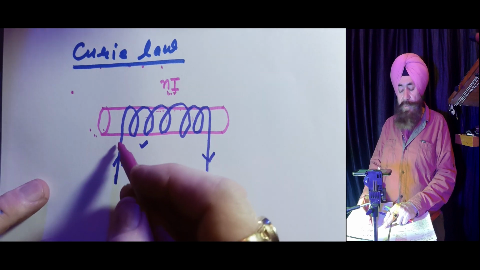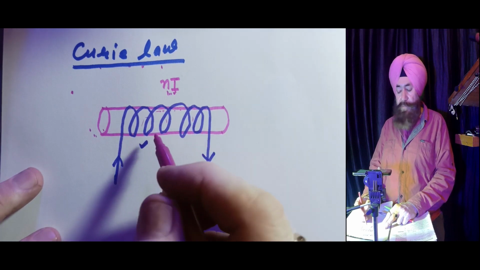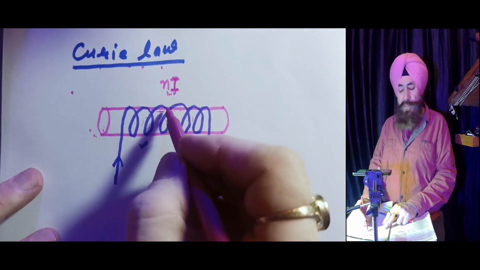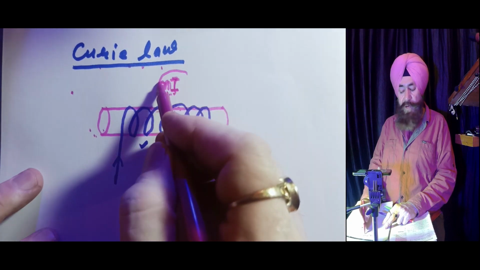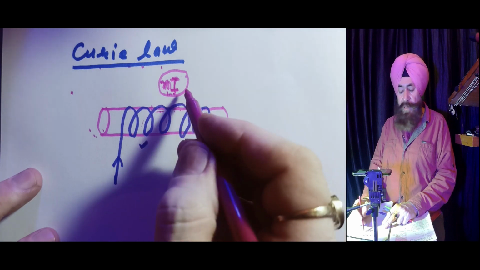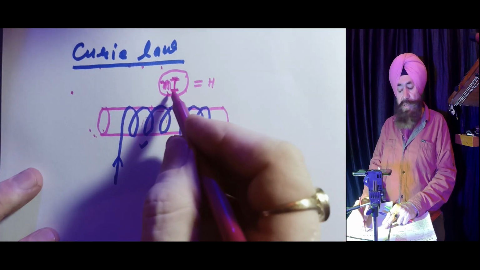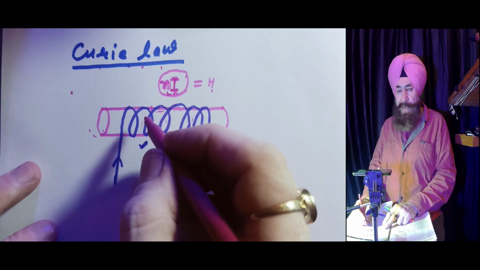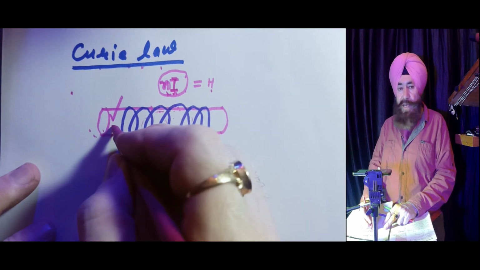Some current is made to pass through the coil, and the number of turns per unit length of this solenoid is N. What is Ni? Ni is the magnetizing force or magnetizing intensity, H. This H magnetizes the iron.